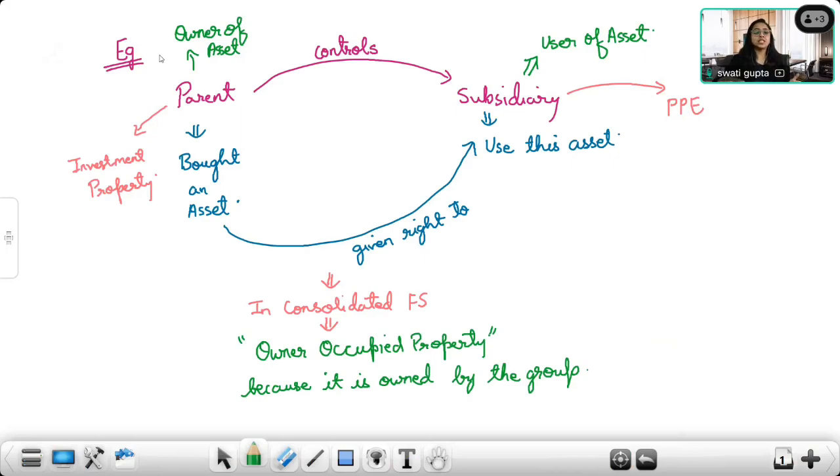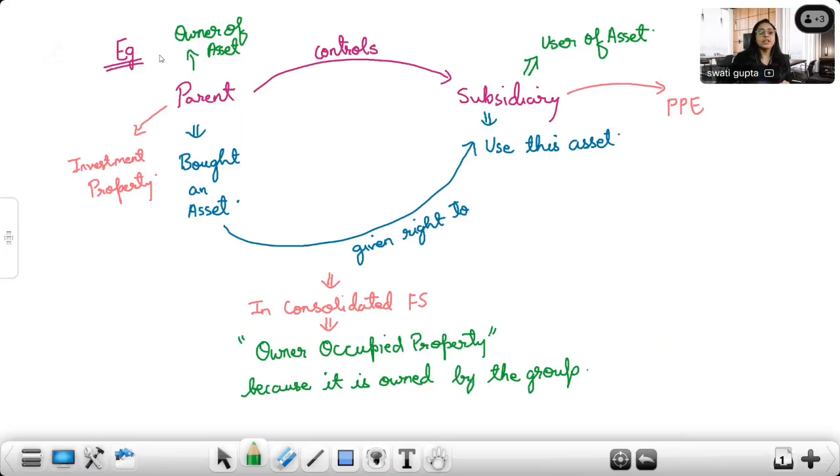Instead, it has transferred the right to use, and in return it will collect rent or lease payments, correct? Therefore, the owner of the asset will always classify the asset as investment property, because they are not using it for business. Instead, they have transferred it to somebody else and said, I give you the right to use the same. Got it?